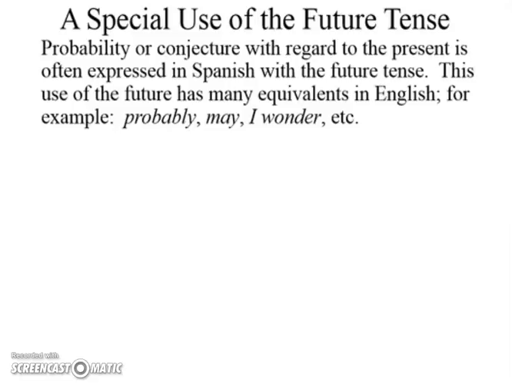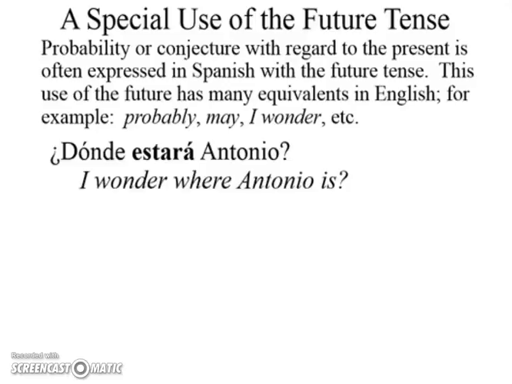Now, there's nothing wrong with saying probablemente, but you could also sound much more fluent if you're wondering about the present and you put it into the future. So if you're saying, I wonder where Antonio is, you can say, ¿Dónde estará Antonio? And you're not really saying, where will Antonio be? You're saying, I wonder. And it would be a heavy reliance on context there as well.